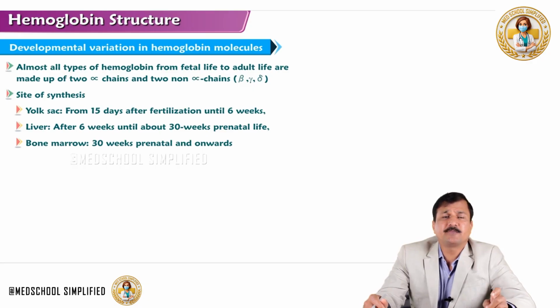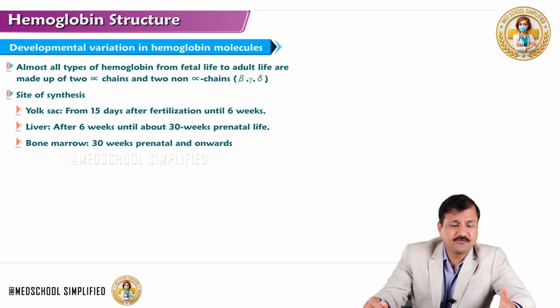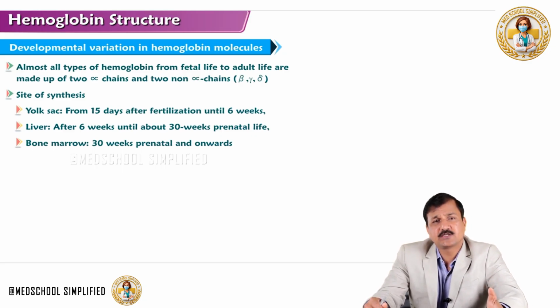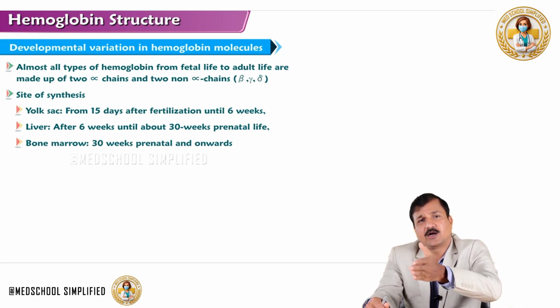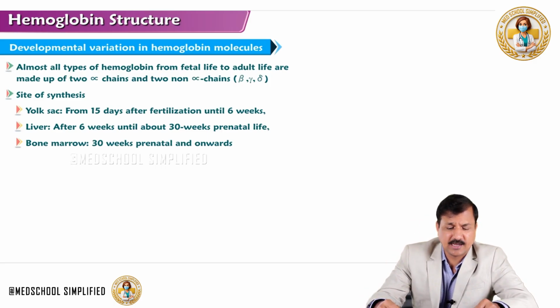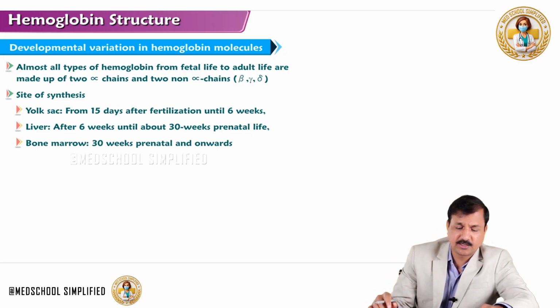Now, coming to developmental variation in the hemoglobin molecule. As the person develops from the embryonic stage to the fetal stage, into birth, and then adulthood, different types of hemoglobin molecules are present. So there is developmental variation in this hemoglobin molecule.